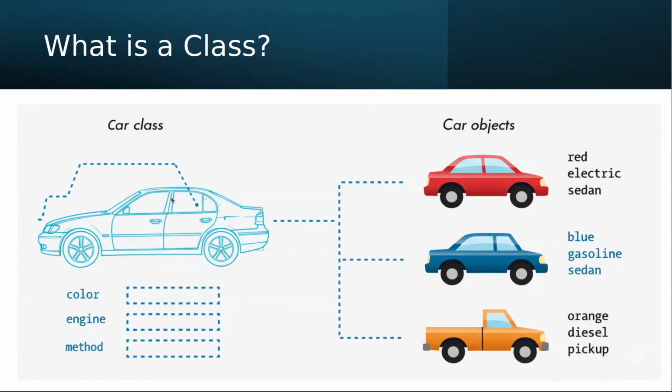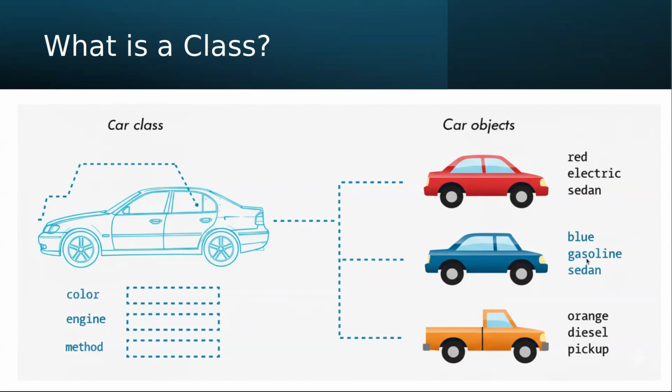Once we define a class, we can create actual objects from it. For example, my car is an object of type car. It has its own color like red, blue, or orange, and engines like electric, gasoline, and diesel, and its model like sedan, SUV, or pickup.